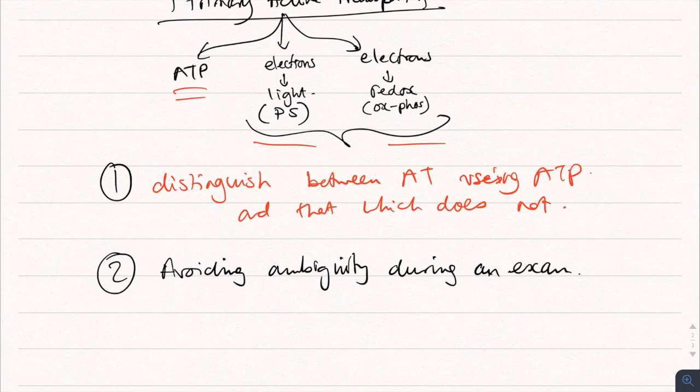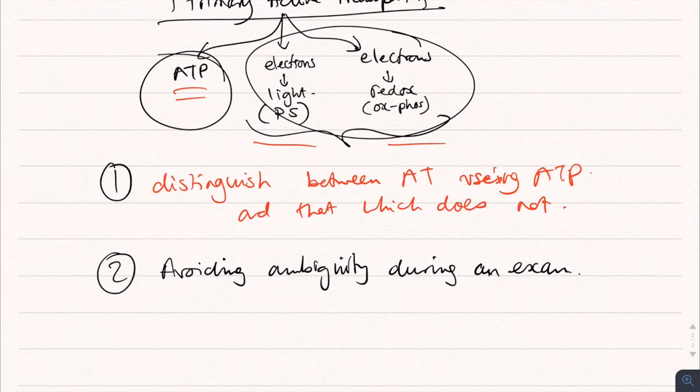Your examiner cannot be under any doubt about whether you understand the difference between this form of transport and this form of transport. The second reason is more practical in nature, but it's going to have a very significant impact on you potentially.